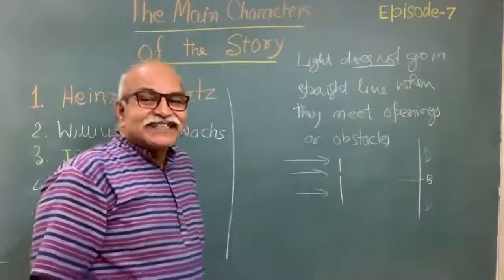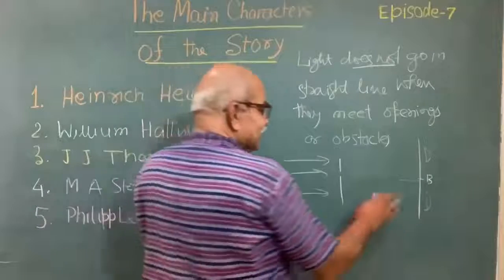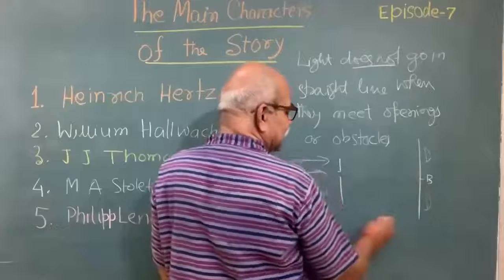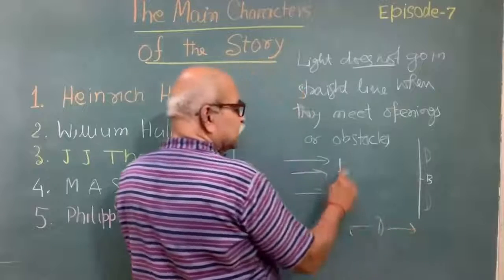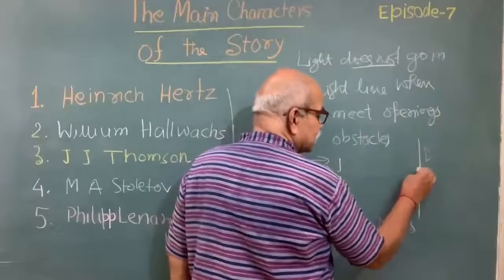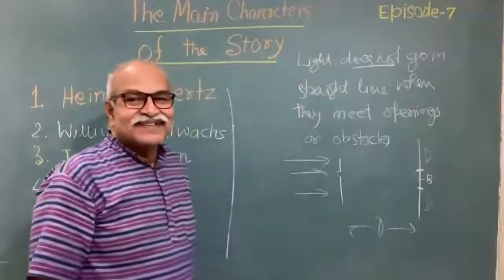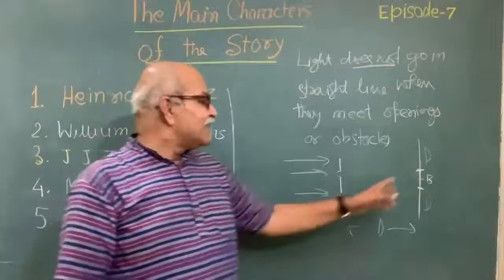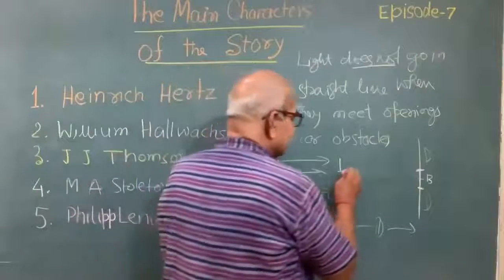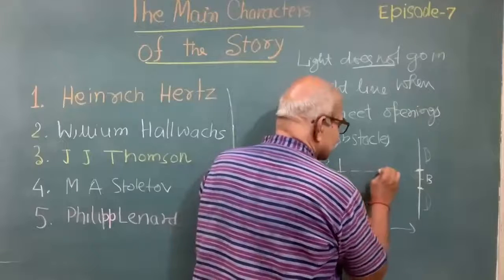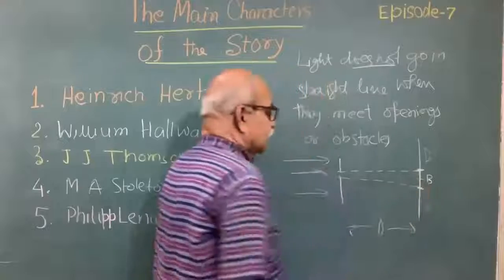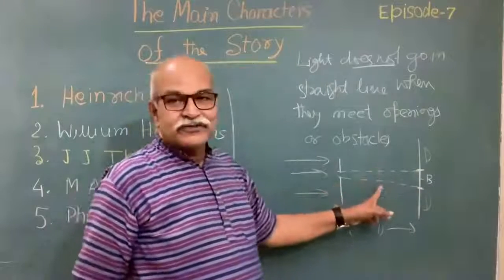But the college textbook will say that you have a bright patch, not of the same size, but depending on this distance, maybe much bigger than this, so your bright region can extend from here to here, possibly. So if the bright region extends, that means perhaps this parallel beam becomes a diverging beam. So it bends. But still it goes in straight lines.